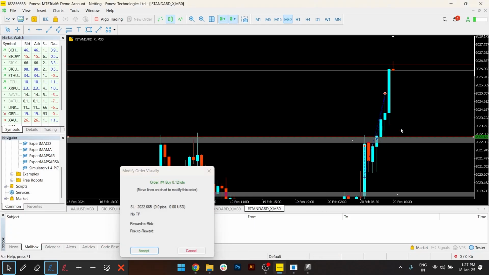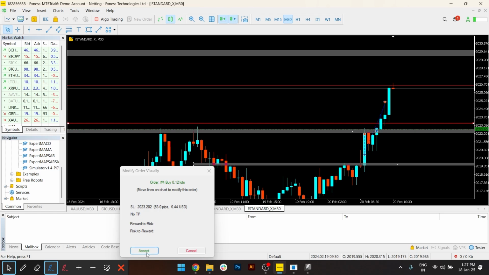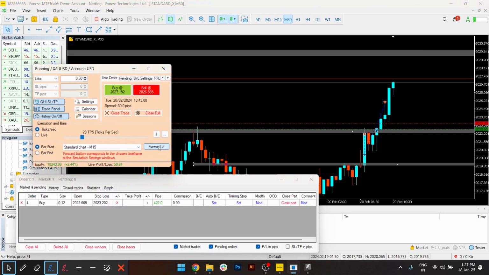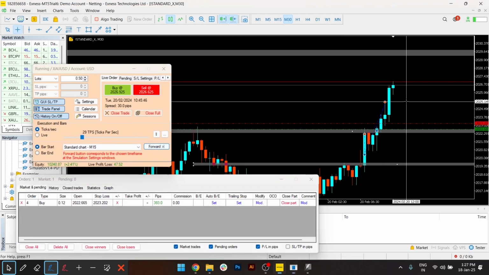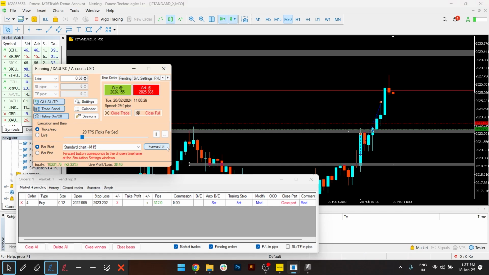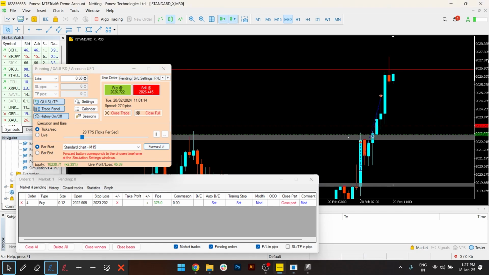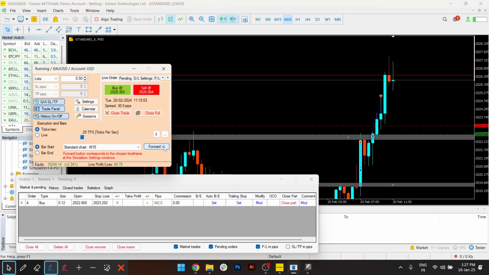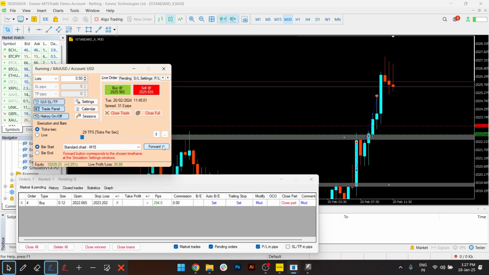I'm gonna trail this stop loss below this candle now. It closed bearish, this candle, yeah, we closed bearish.